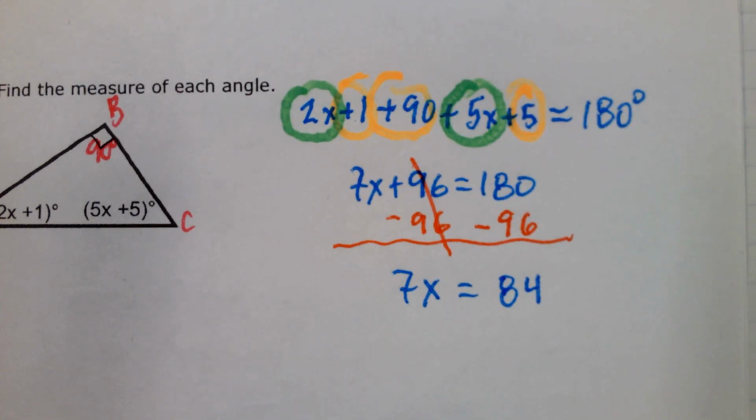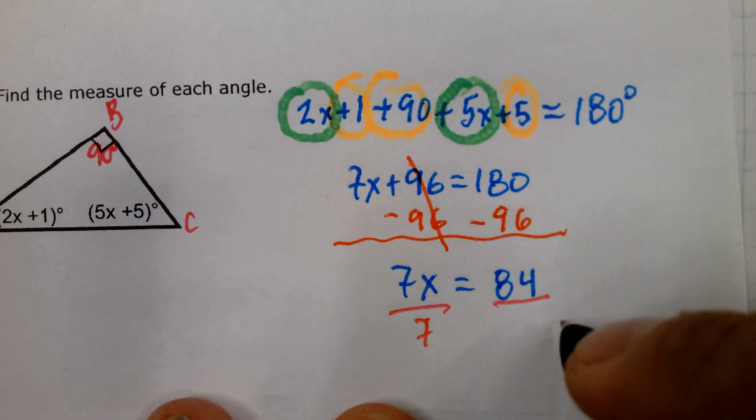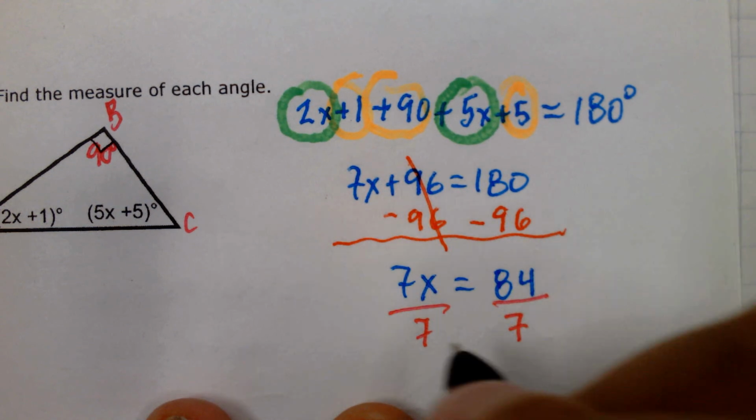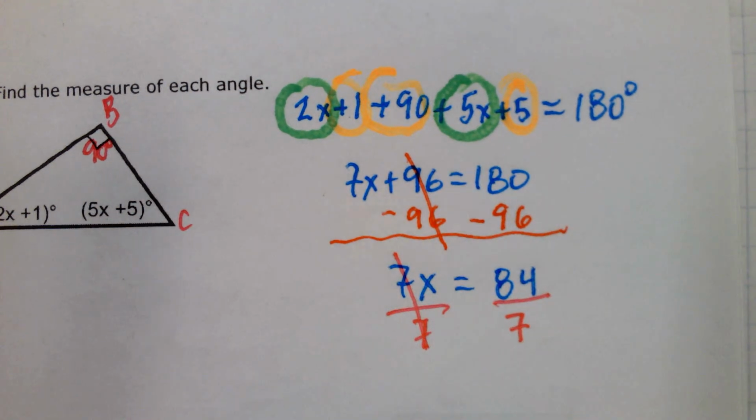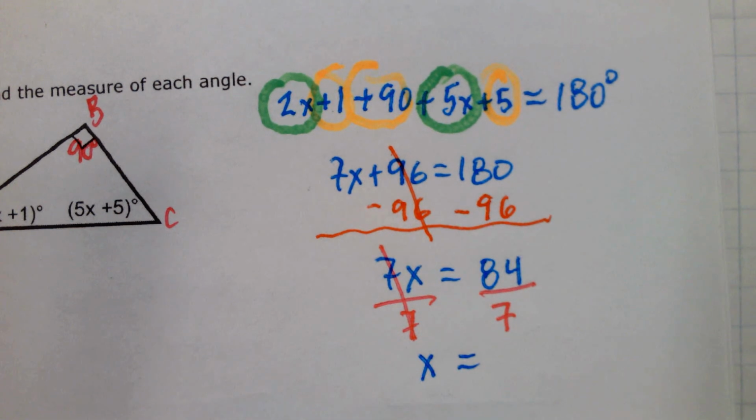Okay, let's divide out the 7. What is x going to be? How much?